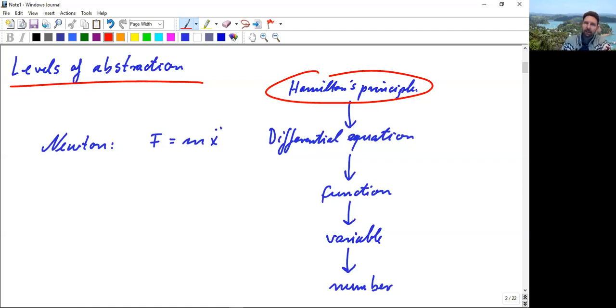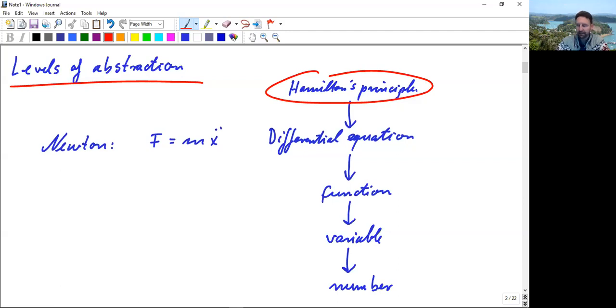If we have a complicated contraption of multiple, let's say, point masses, and they are connected to each other with various springs and bells and whistles, then it is possible to use Newton's laws to write down the various equations that they hold, but you need to draw diagrams with forces and force parallelograms and things like that.